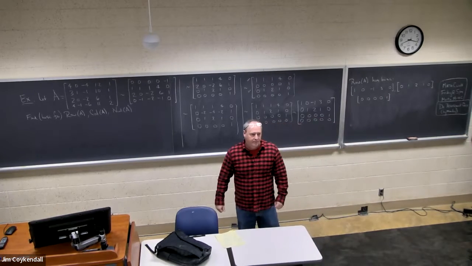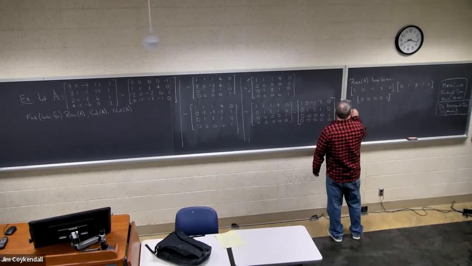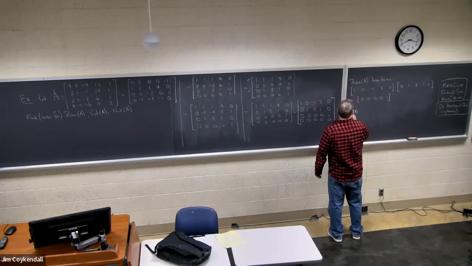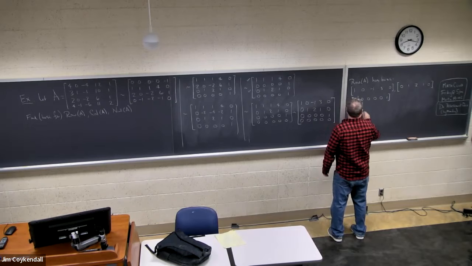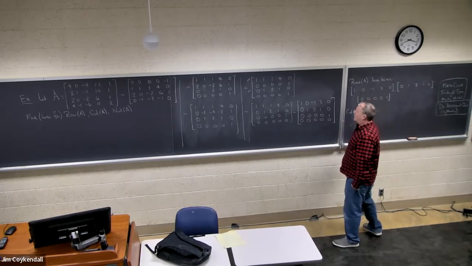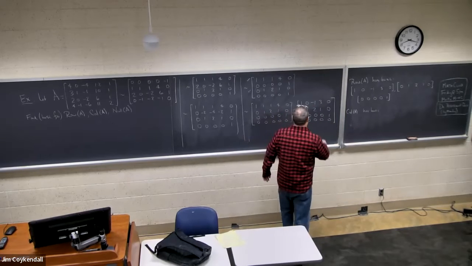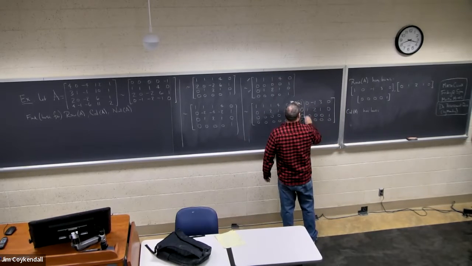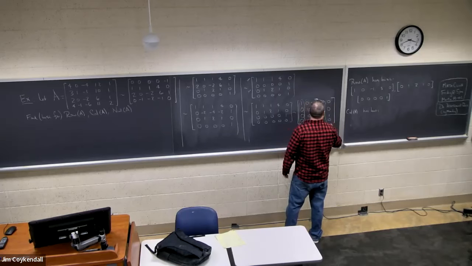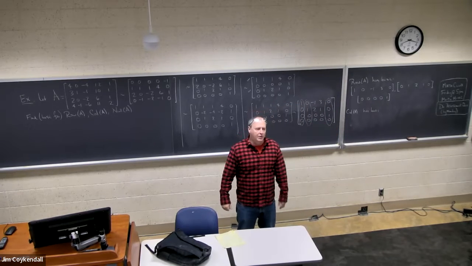Everybody okay? Now for the column space of A, we have to figure out what the pivots are and go backwards. Looks like columns 1, 2, and 5 are the pivot columns.